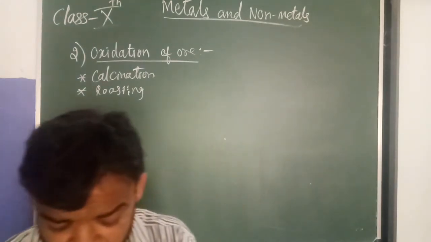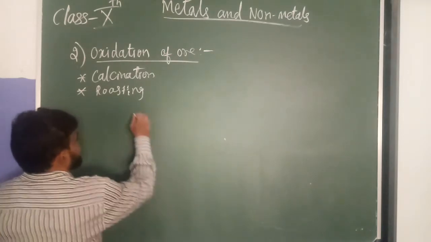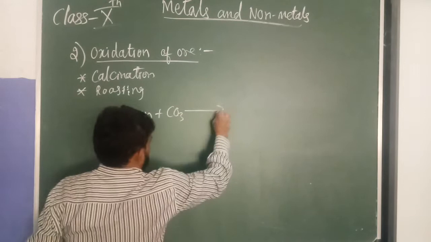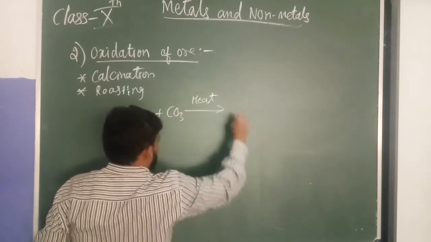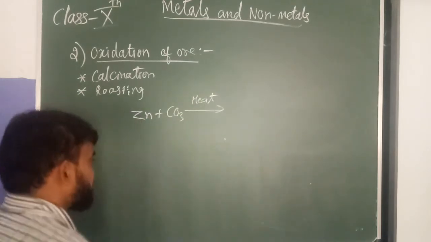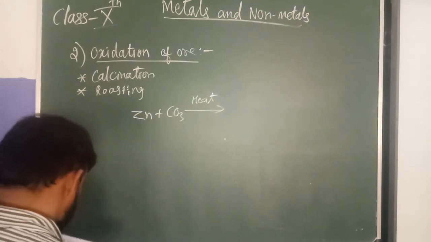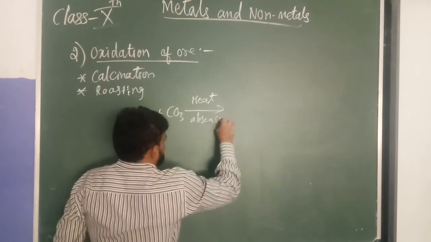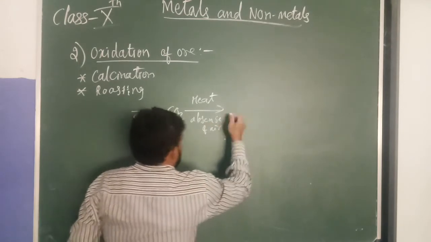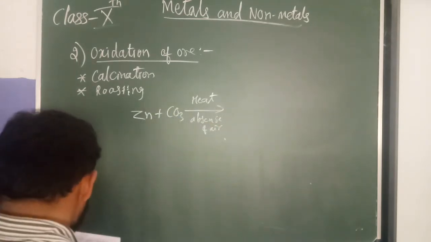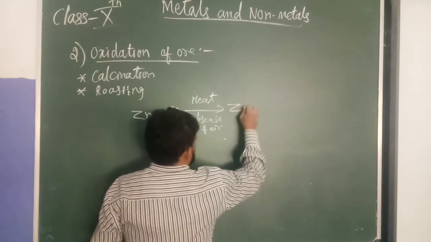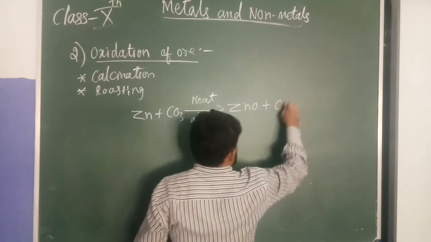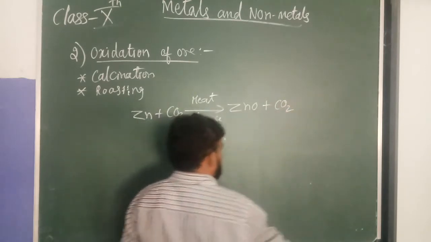For example, if you take ZnCO3, zinc carbonate, and heat it in the absence of air, what will it give? Zinc oxide will form, and CO2, carbon dioxide, will be released.